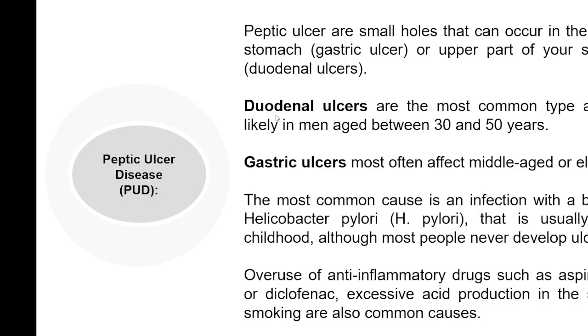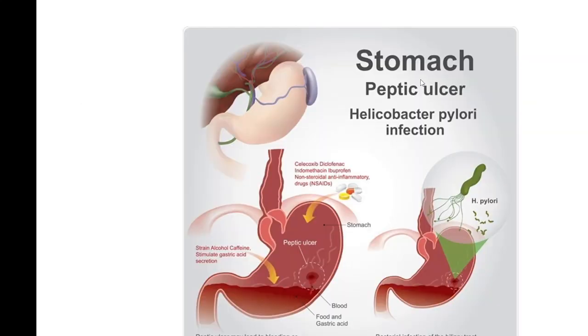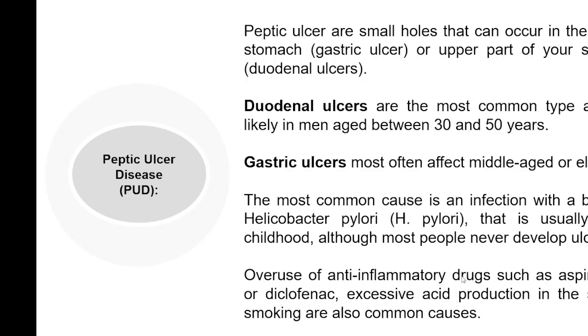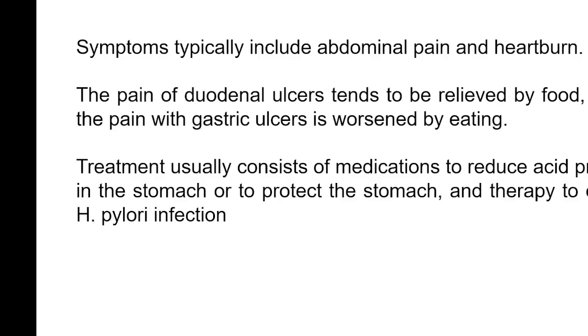Then another type is duodenal ulcer. The first part of the small intestine is known as the duodenum. That can also cause many problems. Peptic ulcers are small holes that occur in the lining of your stomach. Here you can see that when your stomach wall has a hole, the blood will be coming out through that. That is known as a peptic ulcer or stomach ulcer. It can be a gastric ulcer or duodenal ulcer, and most of the time may be caused by some kind of bacteria.